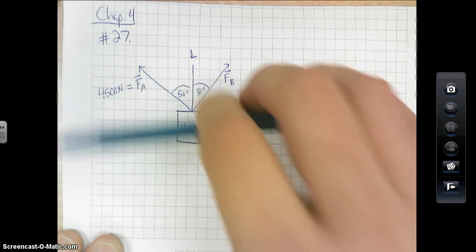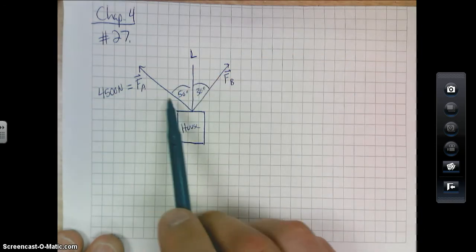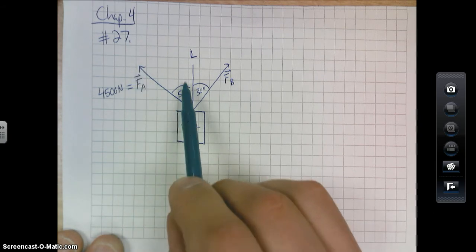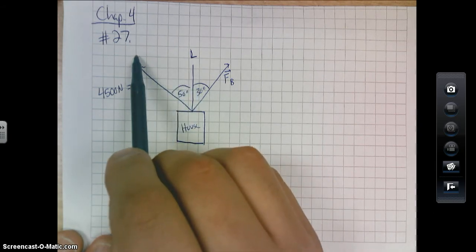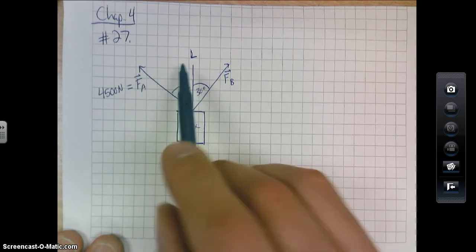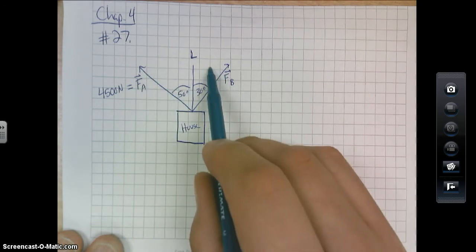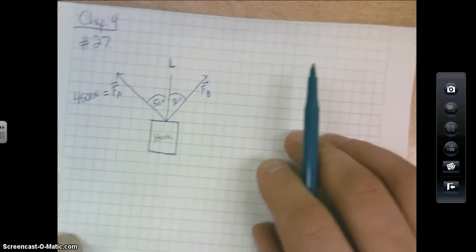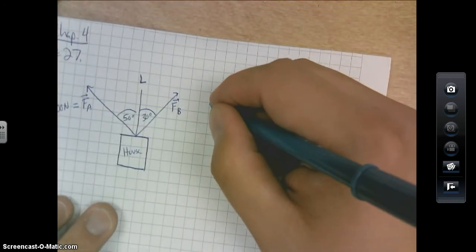So if I know one force and it's at an angle, then I know it has both a y and an x component. And that x component here and the x component of F of B must cancel each other. So I'm going to do a little drawing right here.